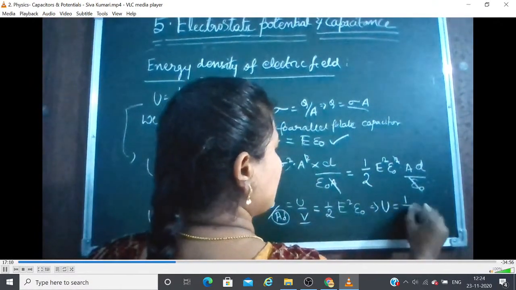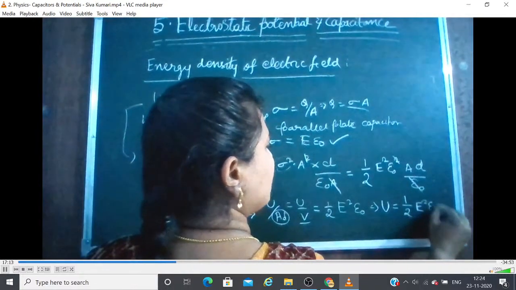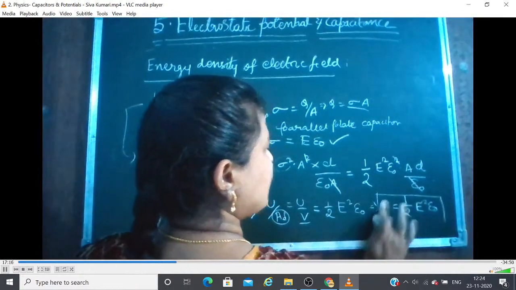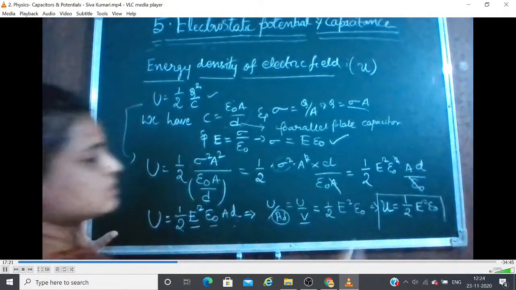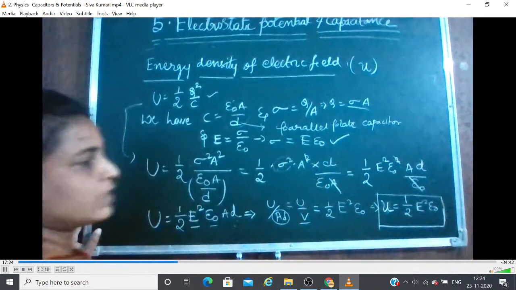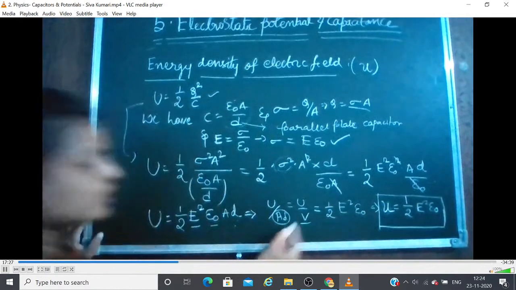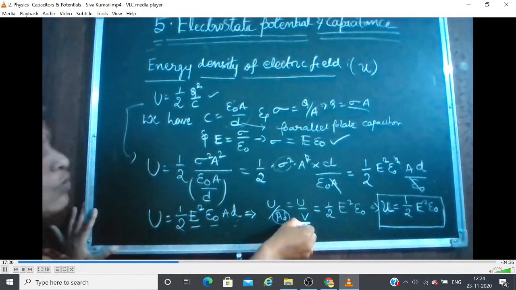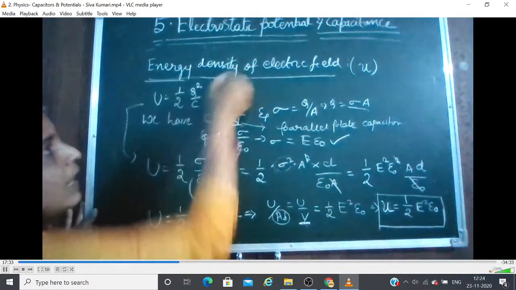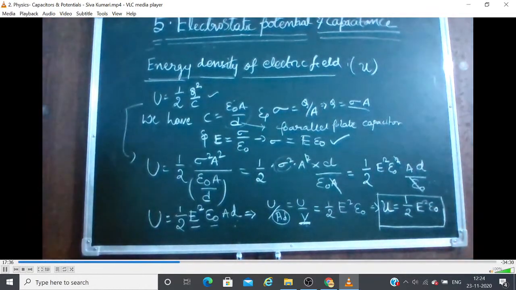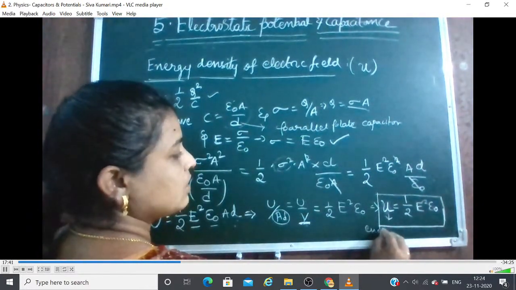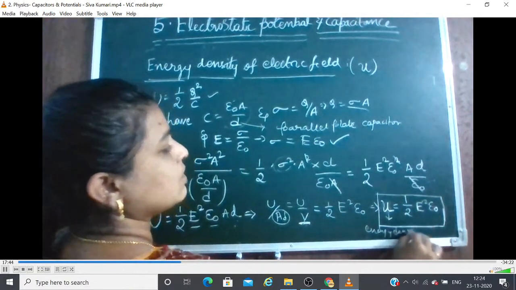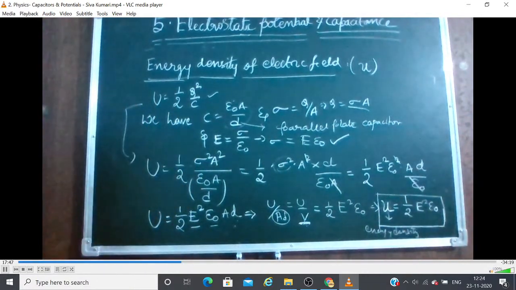Sorry, small u, which is the symbol for the energy density, u equals half E square into epsilon naught, where this is the energy per unit volume. So the energy per unit volume gives the energy density of the electric field. This energy density equals half E square into epsilon naught.